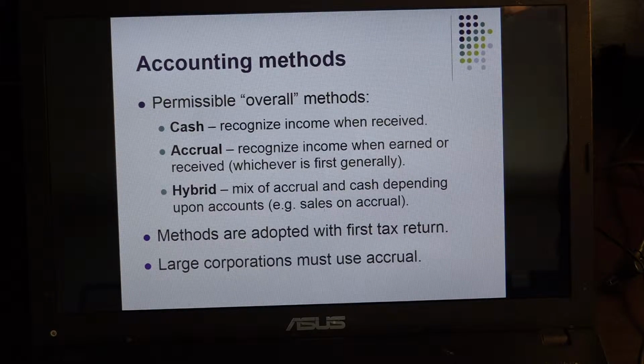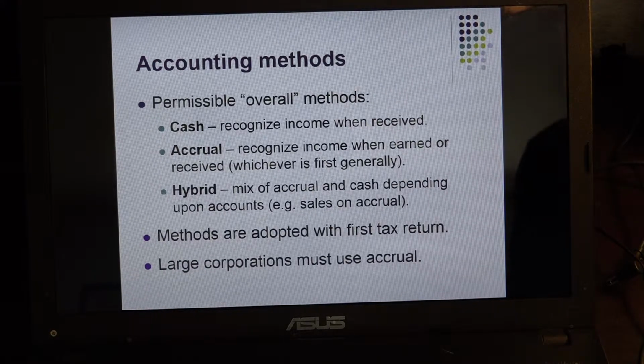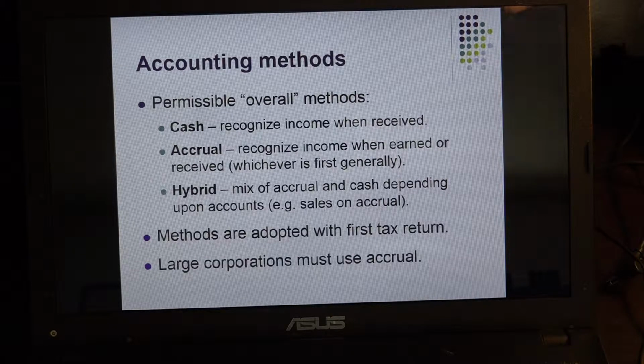And so under the cash method, you recognize revenue when you actually or constructively receive cash. And so it doesn't have anything to do with when you provide the goods or provide the service. It's all about when you either actually or constructively receive cash. That triggers income, taxable income.